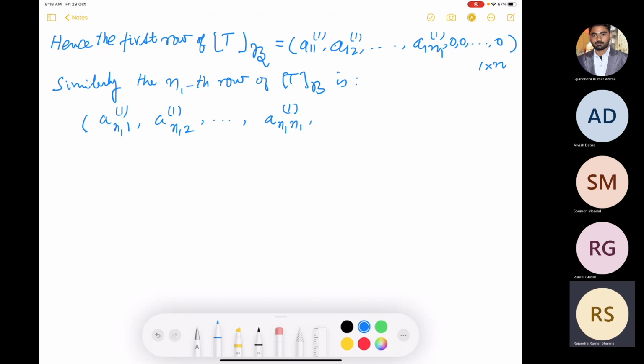And the remaining entries will be zeros. This again is 1 by n.